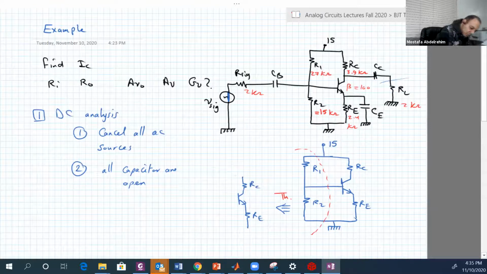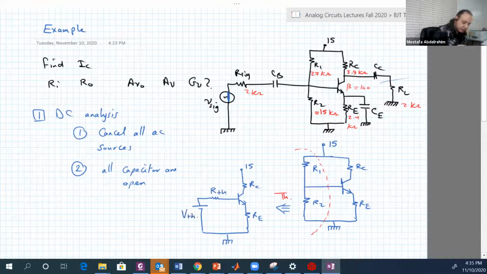You don't need to extend it. 15. Then this part, R1 and R2, will be R7 and V7.